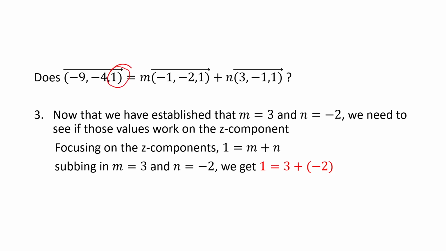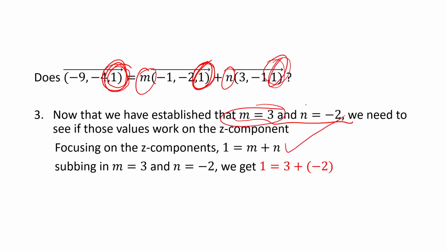In other words, we've got 1 equals m times 1 plus n times 1. Is that true if we let m be 3 and n be -2? Let's find out. Focusing on the z components, we get 1 equals m plus n.